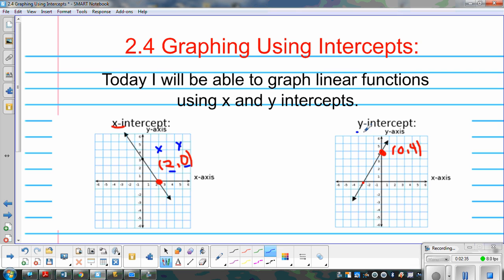But now, if we talk about the y-intercept, notice the y has the number, but the x-coordinate is the one that is the 0. So the y-intercept has an x value of 0. The x-intercept has a y value of 0. That's going to come into play on our next slide or two, so I just want you to have a visual of why that is the way it is. When you have those two graphs done, go ahead and move to the next page.